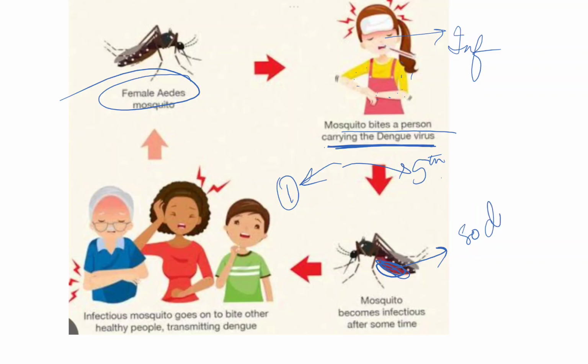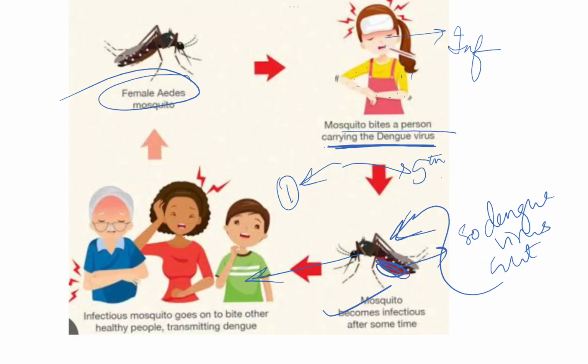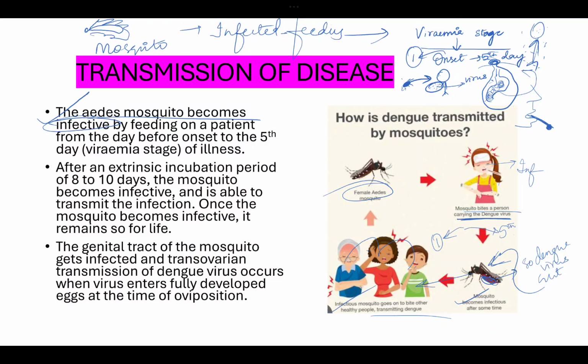From there it enters into the salivary glands, and when the Aedes aegypti mosquito bites other healthy persons, they become patients, which is nothing but being affected with dengue virus infection. So the genital tract of the mosquito gets infected, and trans-ovarian transmission of the dengue virus occurs.